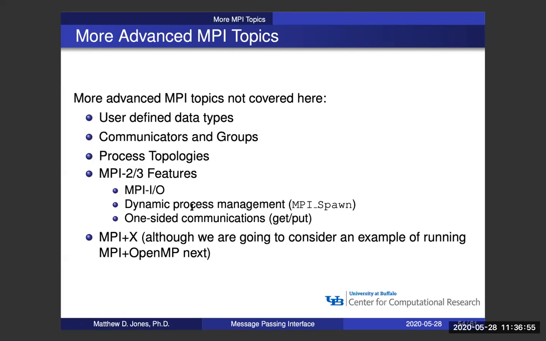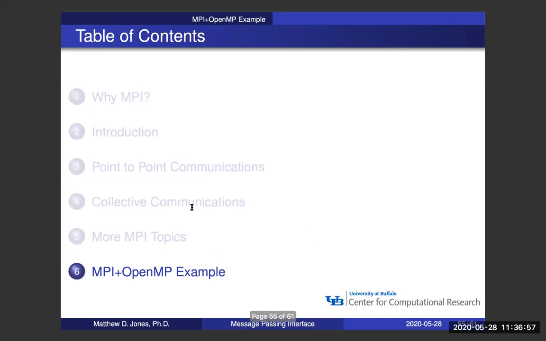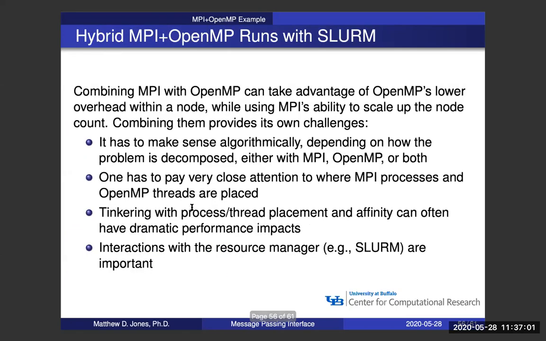Even though I'm not going to talk in detail about OpenMP today, I can show you an example of what it looks like to run that. You can take advantage of the potentially lower overhead that OpenMP has for using the shared memory and cores within a particular node while sending messages back and forth between the nodes.